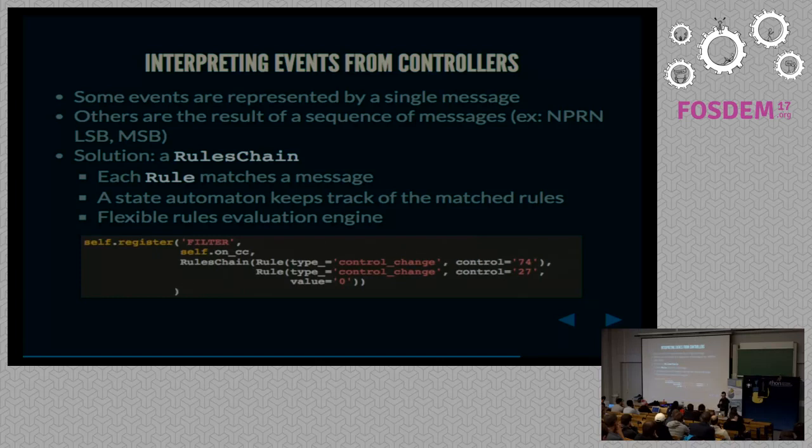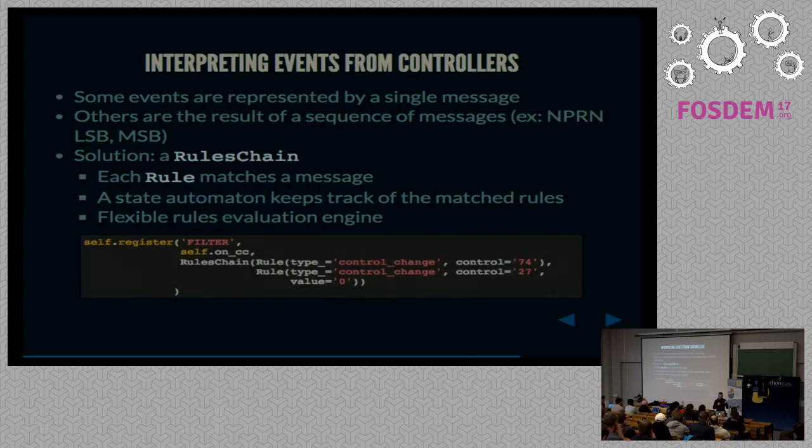To interpret events from controllers, there are simple events like the note on we just saw, which are represented by a single message, but others are the result of a sequence of messages. This is in the MIDI specification.